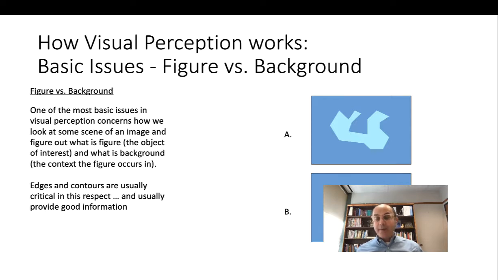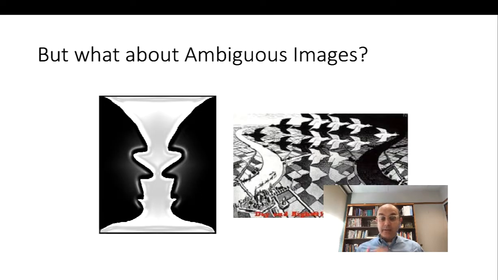We will talk about that throughout the semester. But we also see a lot of ambiguous images that come from art, which a lot of visual analytics people try to bring into the analysis.